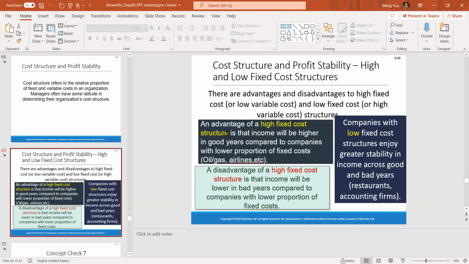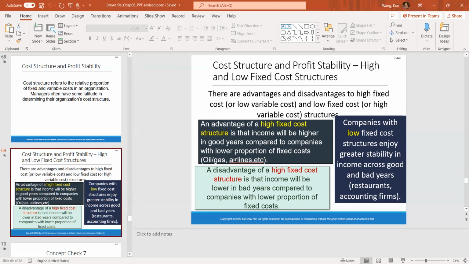For the high fixed cost industries, such as oil, gas, other utility companies, and airline companies, they have big capital expenditure. So for oil and gas, they need to have the acquisition for the land, oil, and the gas field.